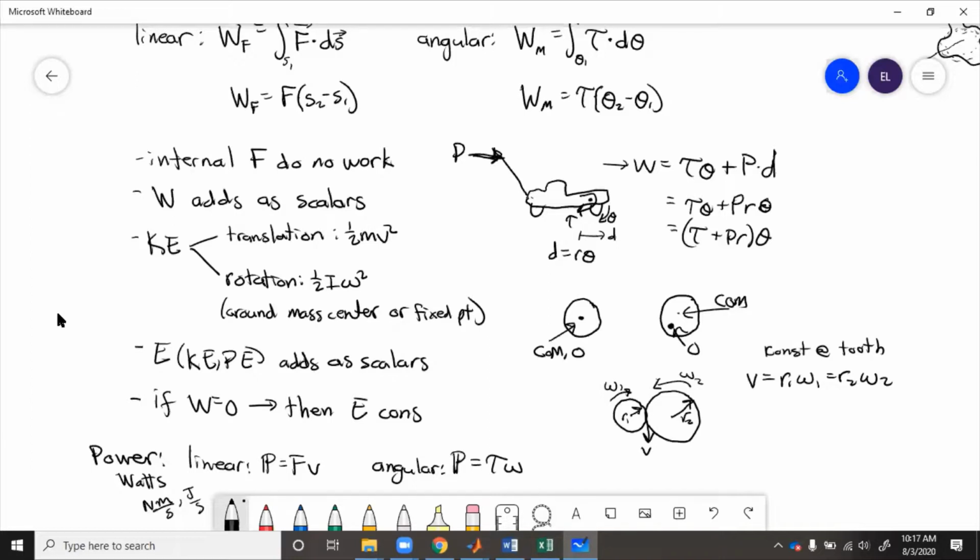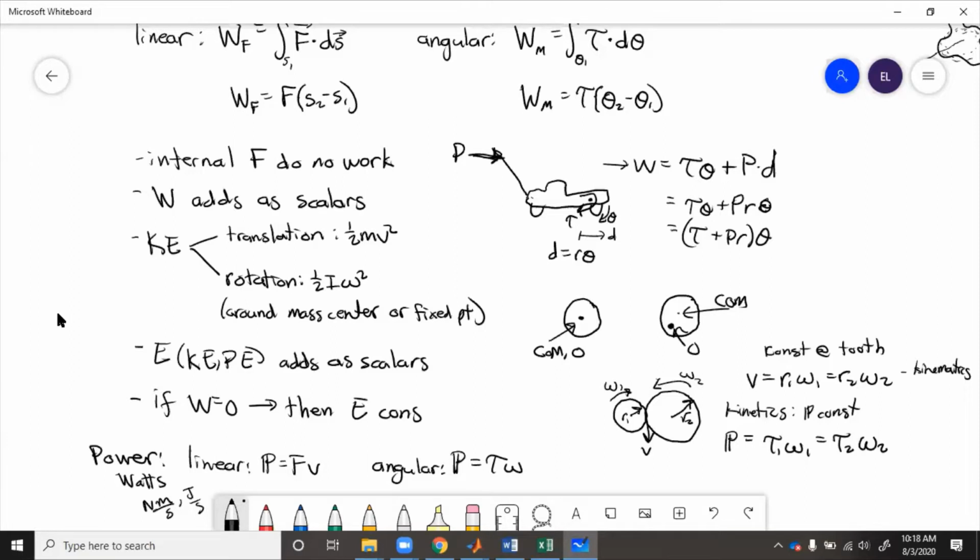So that was for kinematics. We can relate the speeds. Now for kinetics, we can relate that the power is going to be constant. So the power equals torque at 1 times omega at 1 equals torque at 2 times omega at 2.